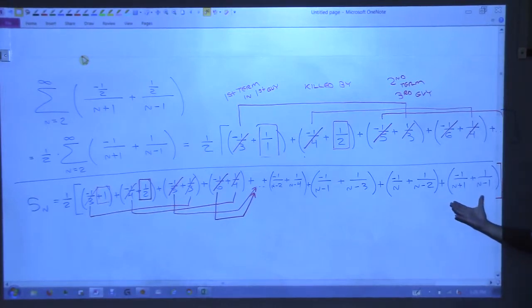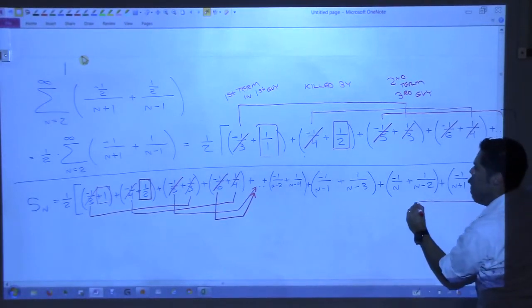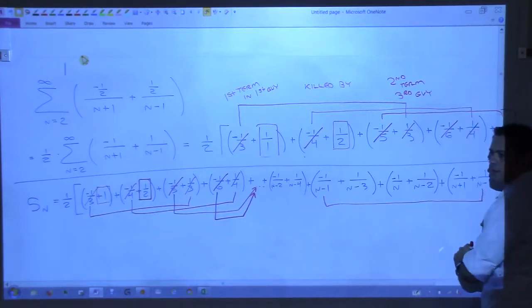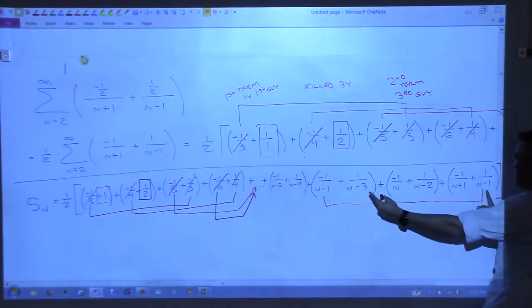Now let's go over here to the back end of this finite partial sum. Let's start with this one. This is a second term, right? Second terms are killed off by first terms 2 upstream. So if I look 2 up at the first term, this is going to match this. Does it? Right there, right? Those match. One of them's negative, one of them's positive.